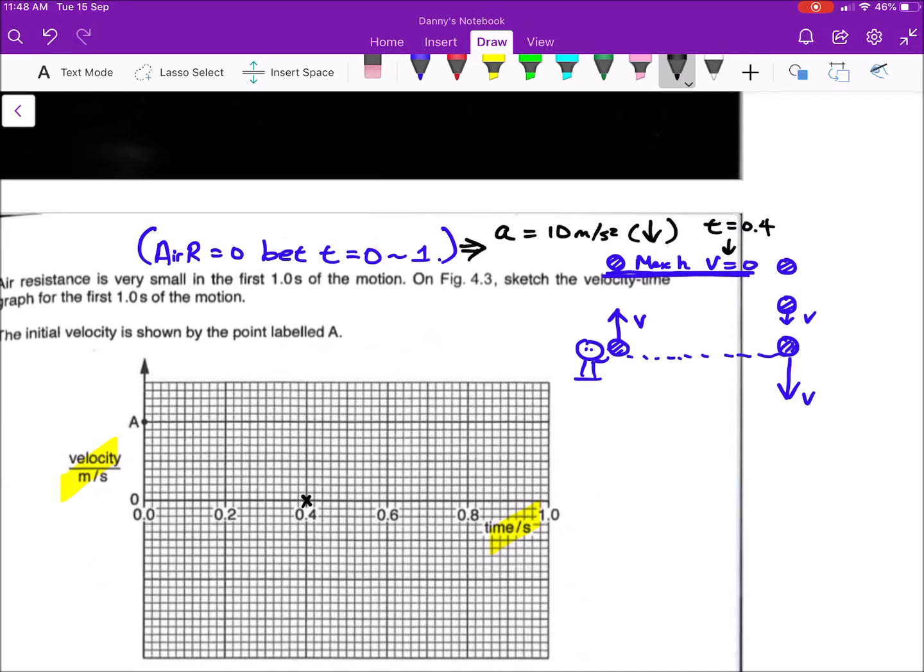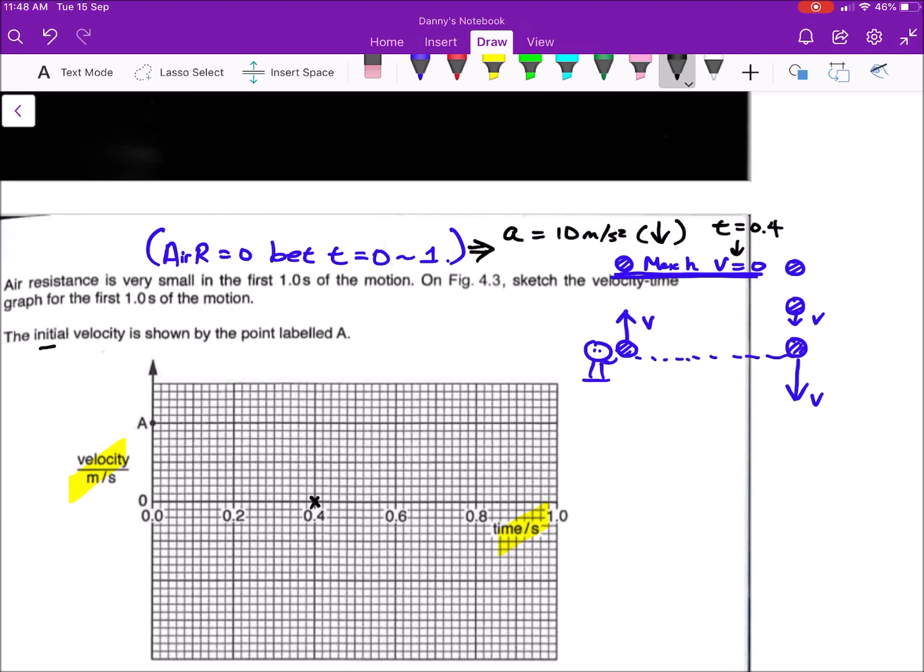At the very beginning, the initial velocity is shown as a. They didn't tell us the value, but they tell us that at the very beginning, my velocity is a. When I throw the ball up, I will experience an acceleration in the downward direction.